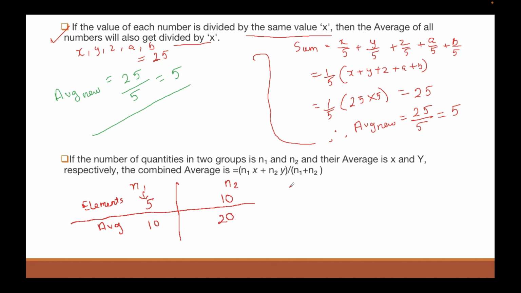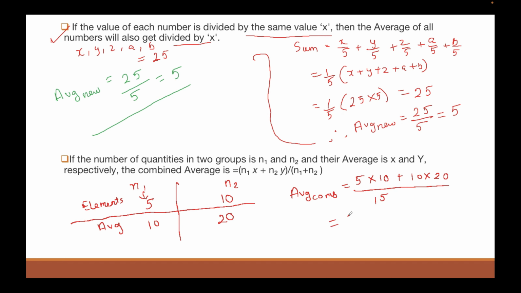So what would be the combined average? Average combined equal to n1 into x, that is 5 into 10, plus 10 into 20, divided by the total number, that is 10 plus 5, that is 15.